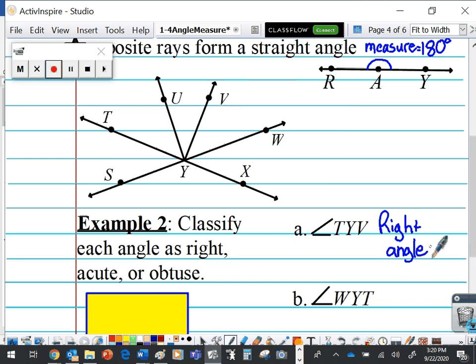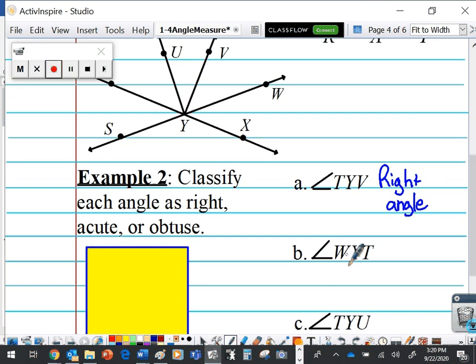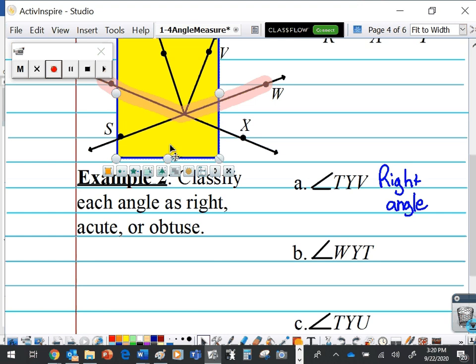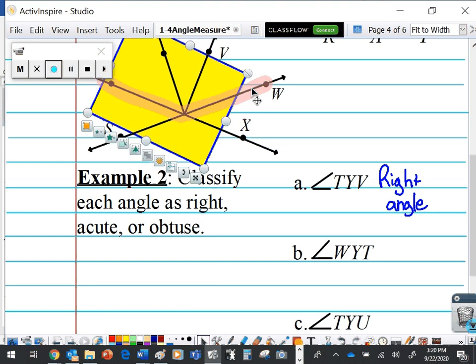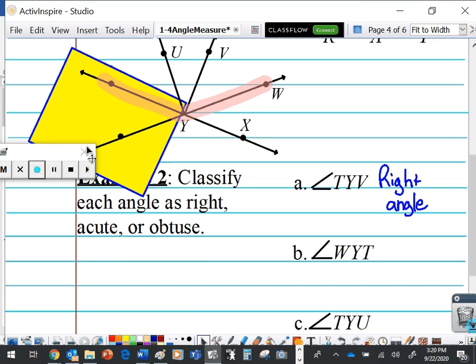Next up, they want us to look at the measure of angle WYT. So angle WYT is this guy. Now we're going to use the exact same trick. We'll take the paper, we'll put the corner of that paper into the vertex of the angle, put one of those sides right along the edge of the paper.